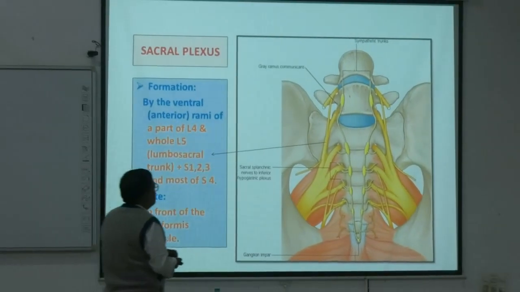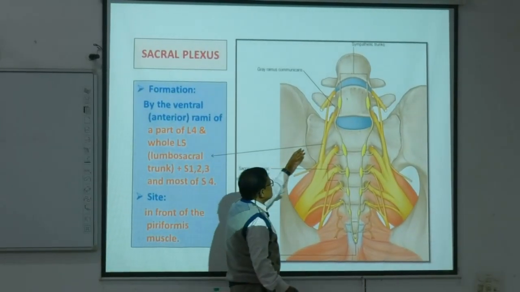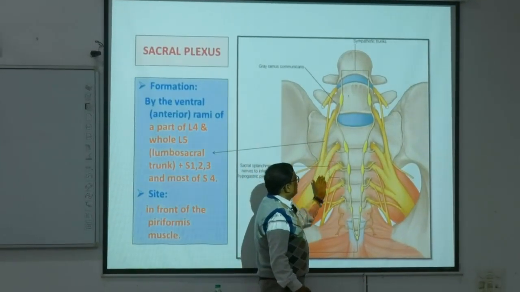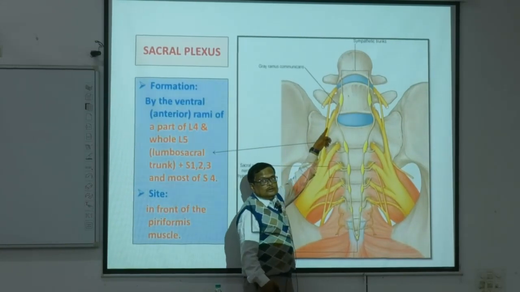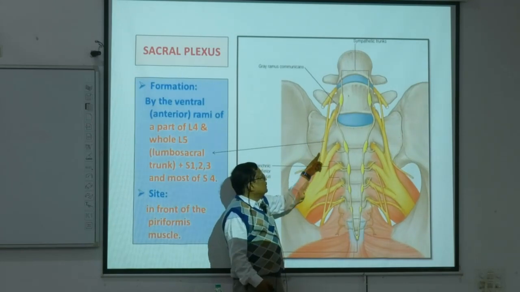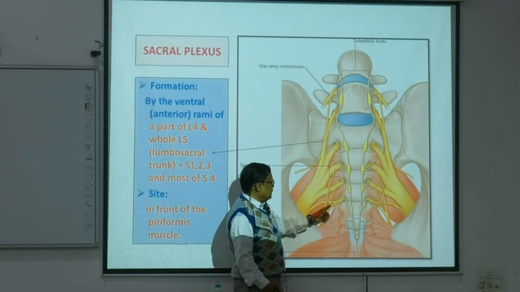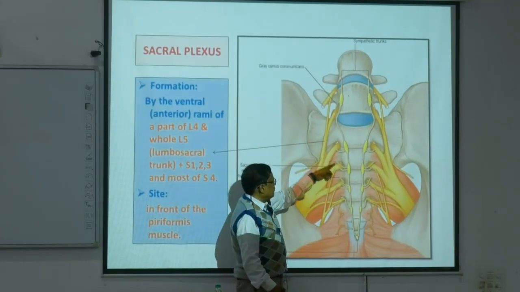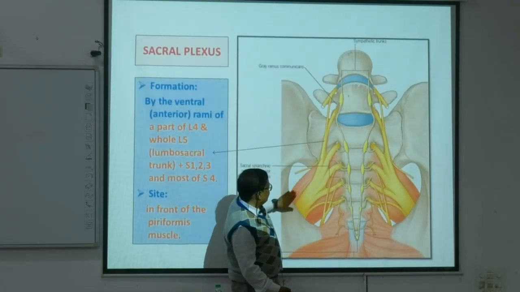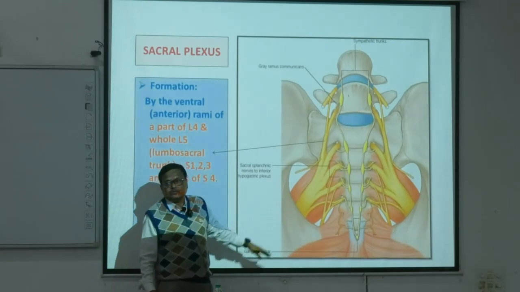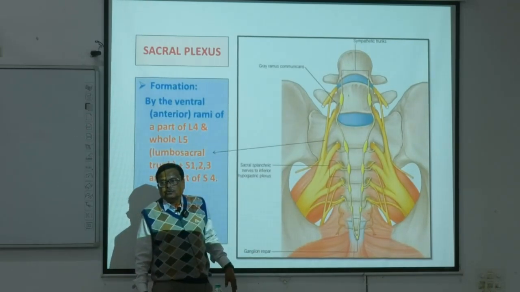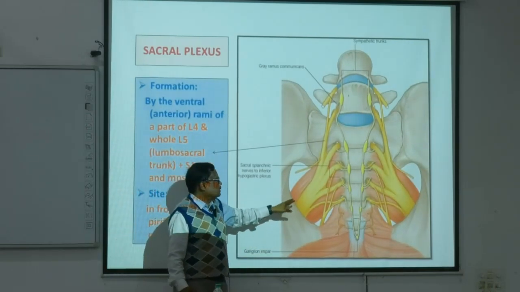So, look, this is the sacral plexus. This is the lumbosacral trunk, which joins with the S1, S2, S3, S4 nerves to form a plexus in front of a muscle. This muscle is known as the piriformis, which is going to be inserted into the femur.